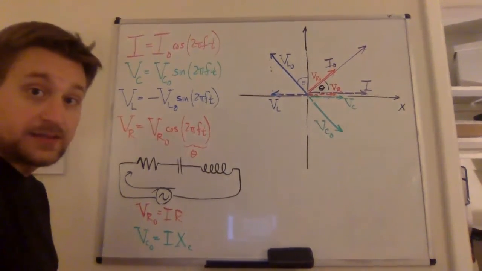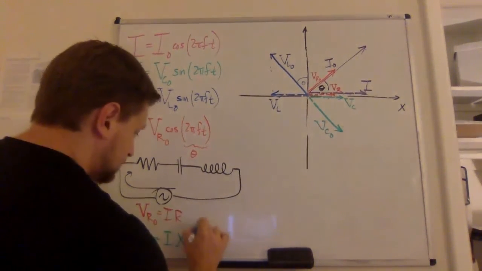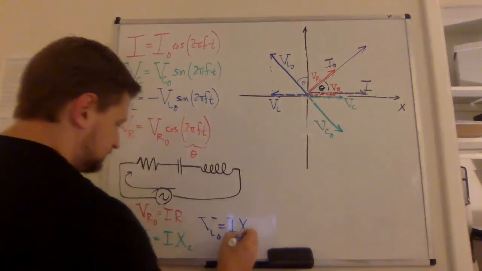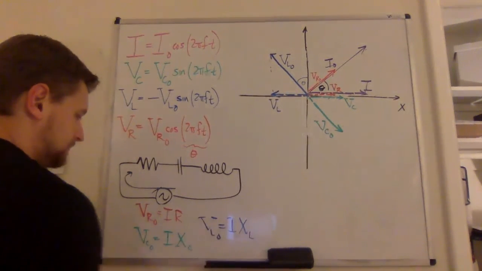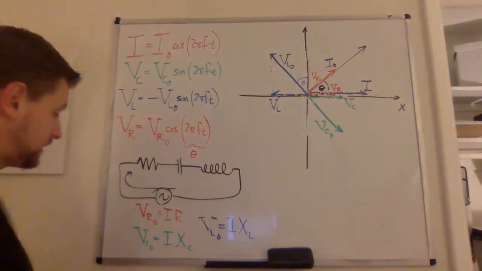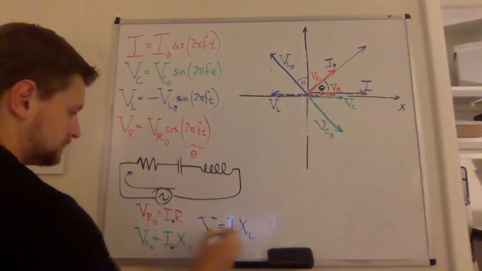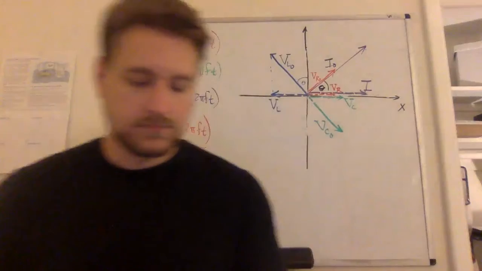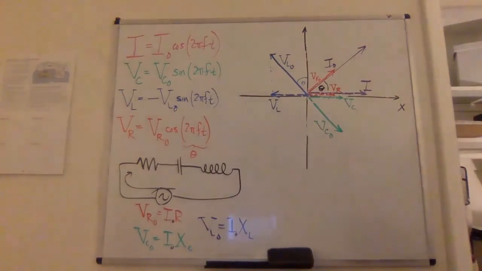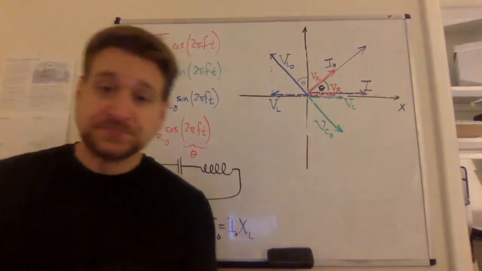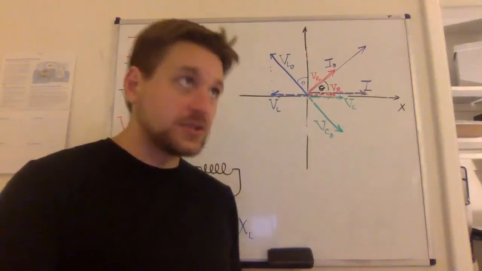And we know that the length of the inductor phasor is that, as long as we're talking about amplitudes, I0. And anytime we want to add up the x components.